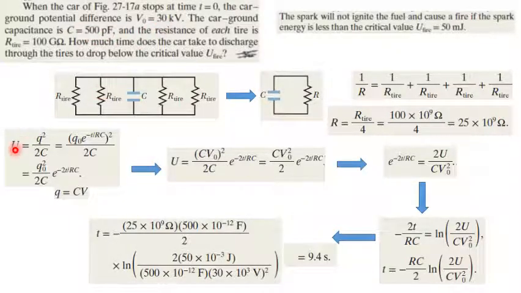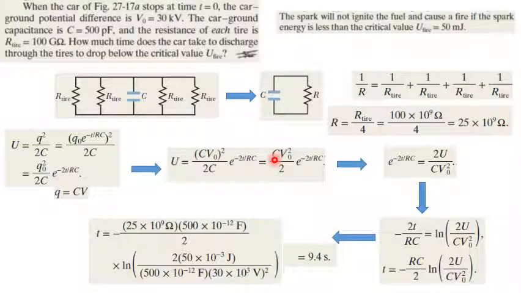So we can say that the energy at any time equals C V naught squared over 2C, that is, Q naught squared over 2C, multiplied by e to the power minus t over RC. This is C squared and here C, so we can say it is half C multiplied by V naught squared multiplied by e to the power minus 2t over RC. Actually, half C multiplied by V naught squared is another form for U naught.